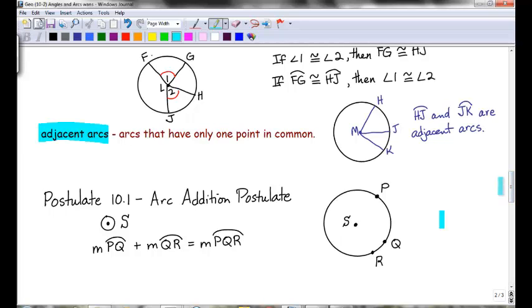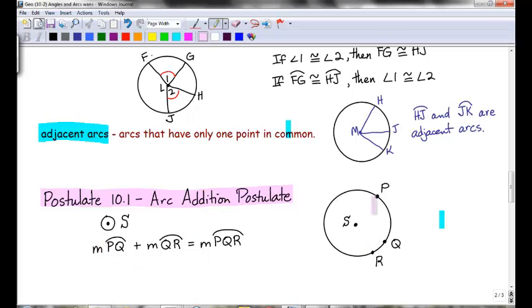Then there's a postulate, 10.1, that's called the arc addition postulate. First, draw a circle. S is the center. And then put a point P, a point Q, a point R in that order. Now you can add the arcs.